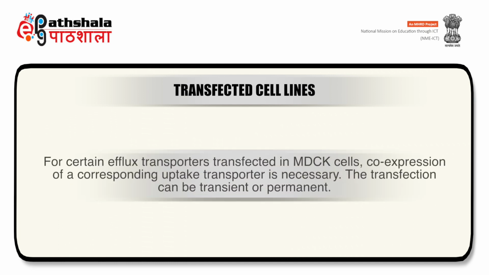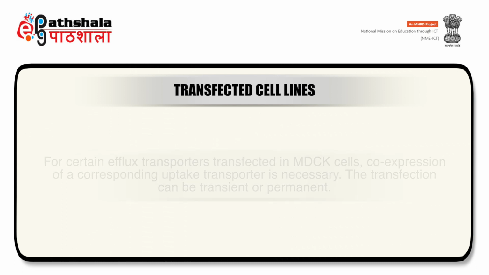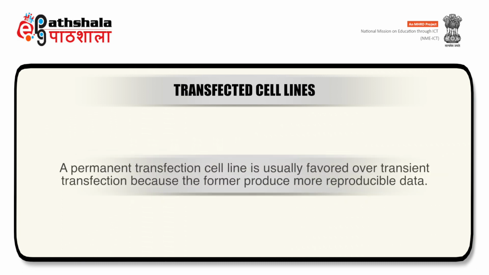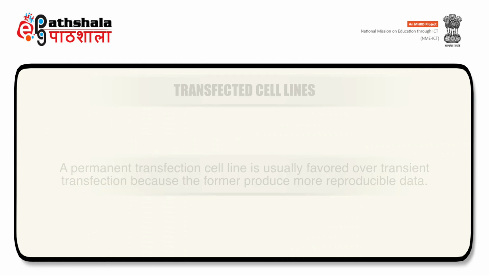For certain efflux transporters transfected in MDCK cells, co-expression of a corresponding uptake transporter is necessary. The transfection can be transient or permanent. A permanent transfection cell line is usually favored over transient transfection because the former produces more reproducible data.